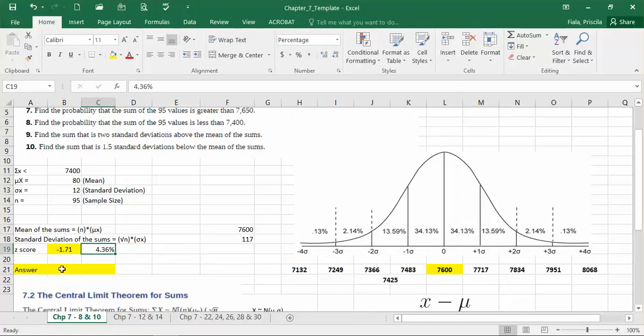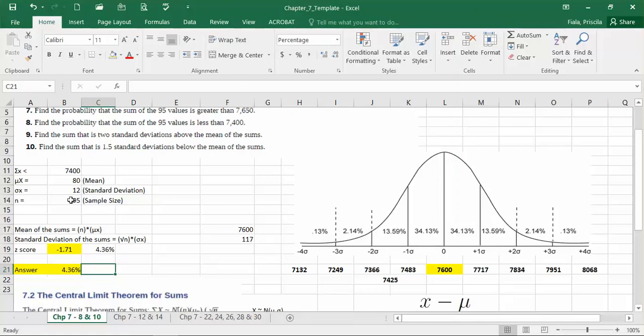And if you ask yourself why I have not subtracted from 1 from the whole curve, it is because I just wanted this little portion right here. I'm not calculating from a value up here down. I'm just using this little portion, which is minus 1.71 and below.